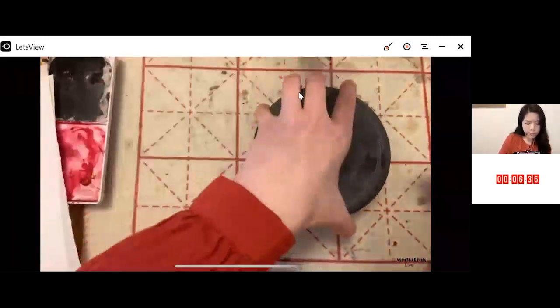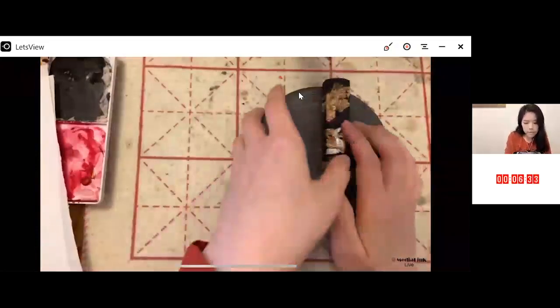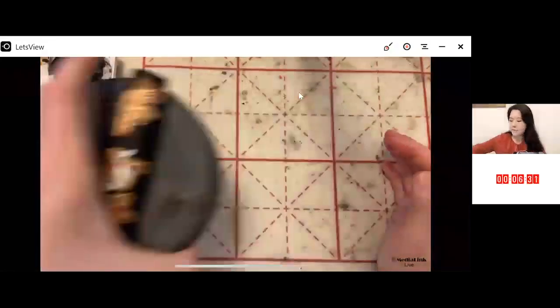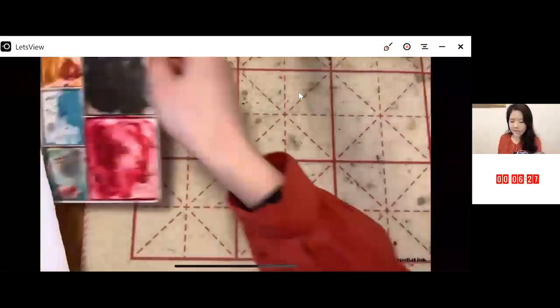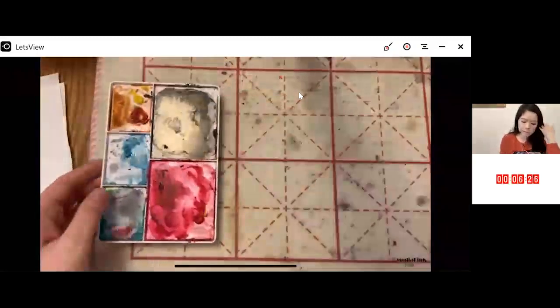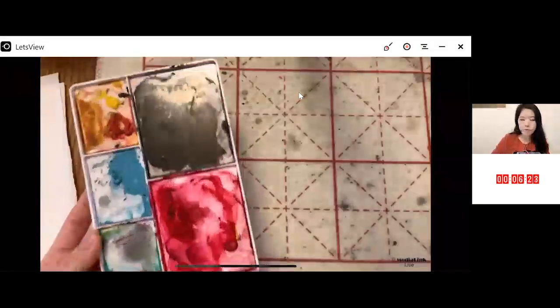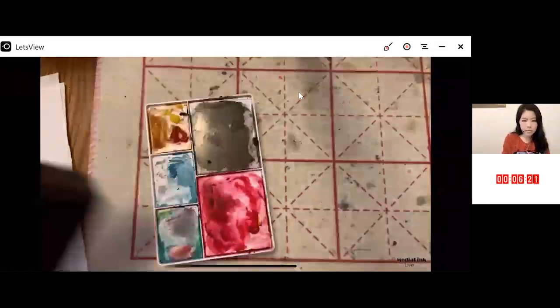Because of the time limits, I'm not going to use the traditional way to get ink because it takes some time. So I'm just going to use the bottled ink like this.